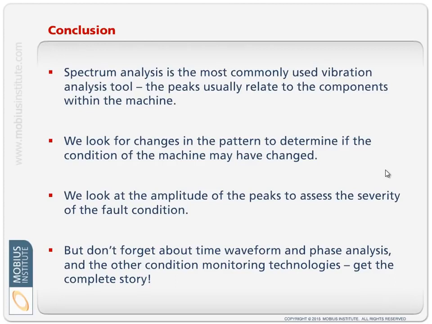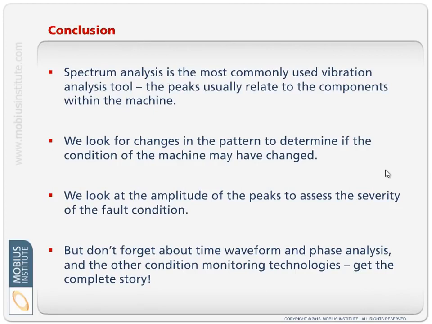So spectrum analysis is the most commonly used vibration analysis tool. The peaks that you see normally relate to the components within the machine: the shaft, the vanes in the pump, the bearings, and so on.